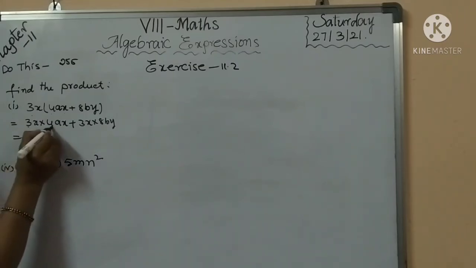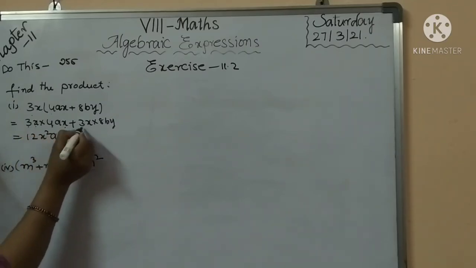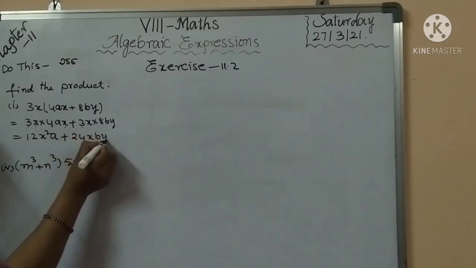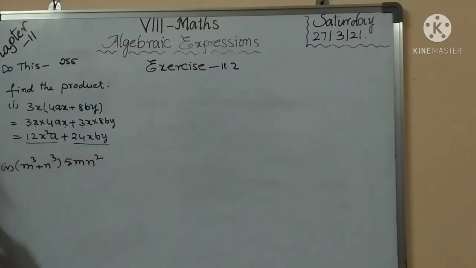So here 3 fours are 12, x into x, x square, into a; plus 3 eights are 24, x only one is there, b and y. So how many terms will we get? 1 and 2. Understand, children? So what did we observe in that problem? The product of a monomial and a binomial will give a binomial.